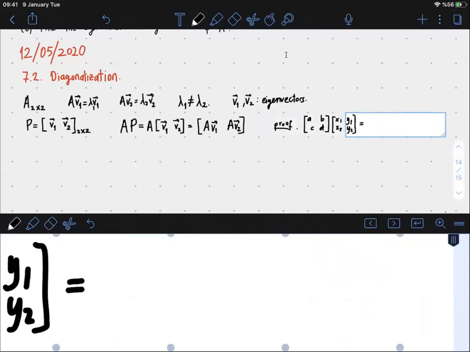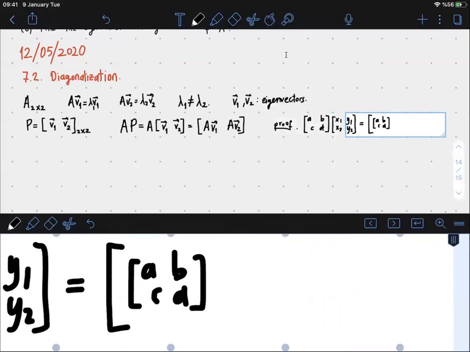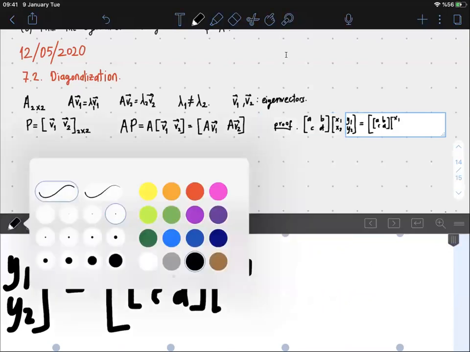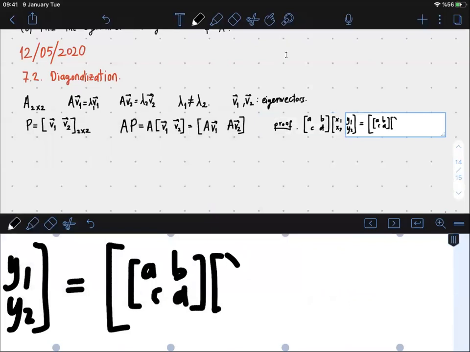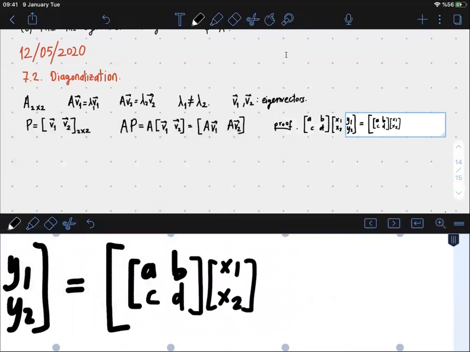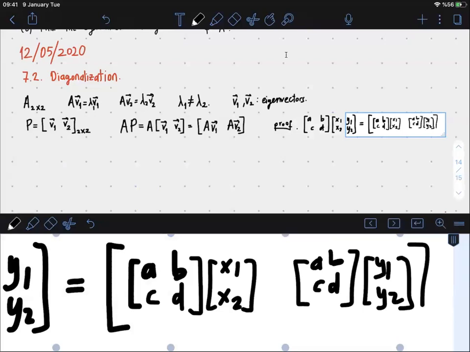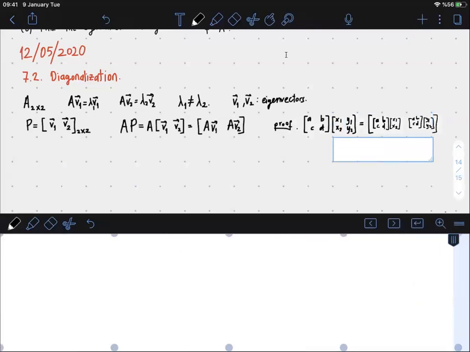My claim is that this product is ABCD times x1, x2 as the first column, and the second column is ABCD times y1, y2. Is this true, guys? What do you think? If you look at the first column of this one, what is the first column?